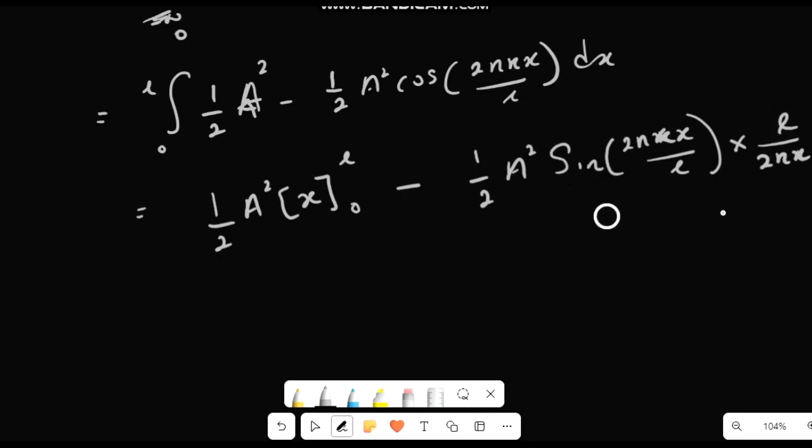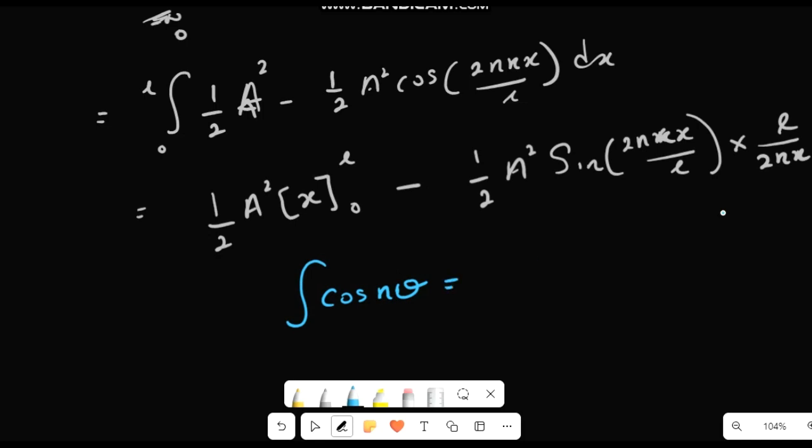Say we have a cos nθ term and we need to integrate it.